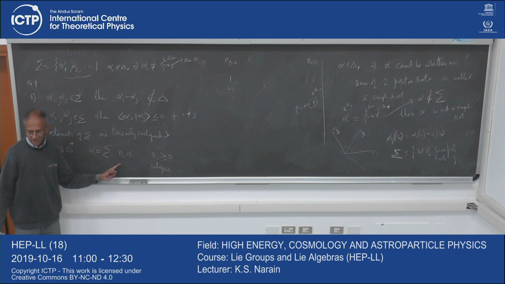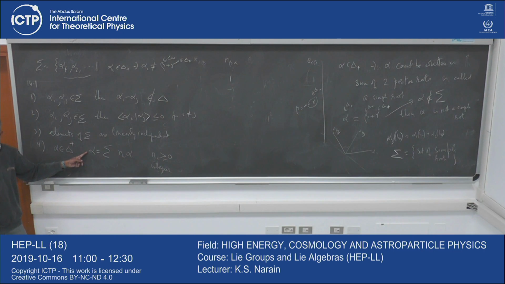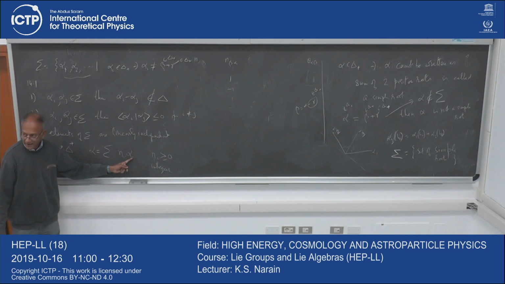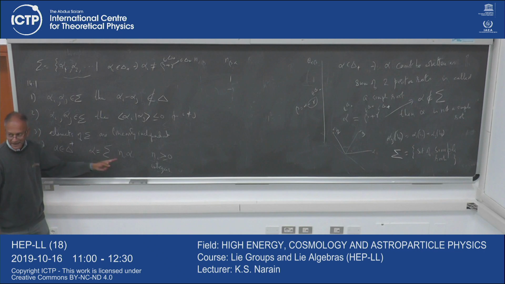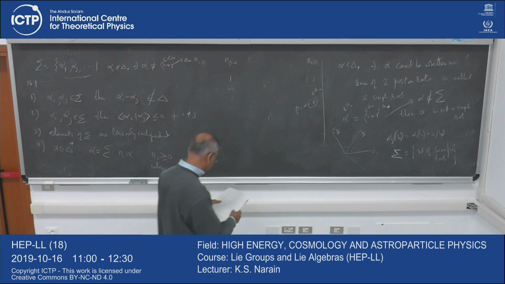There is no negative term here. Of course, the negative roots will just be minus alpha. So the negative root will again be written as a combination of n_i alpha I, but the n_i will all be non-positive, because it's just multiplied by minus. So in particular, this implies that all the roots can be expressed as linear combinations of simple roots, so they span the root space.